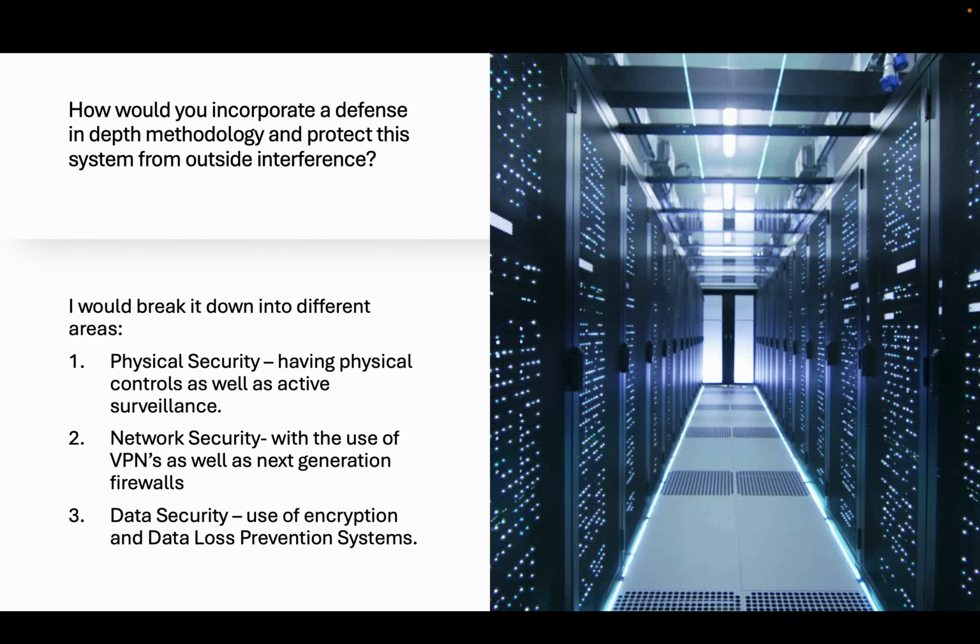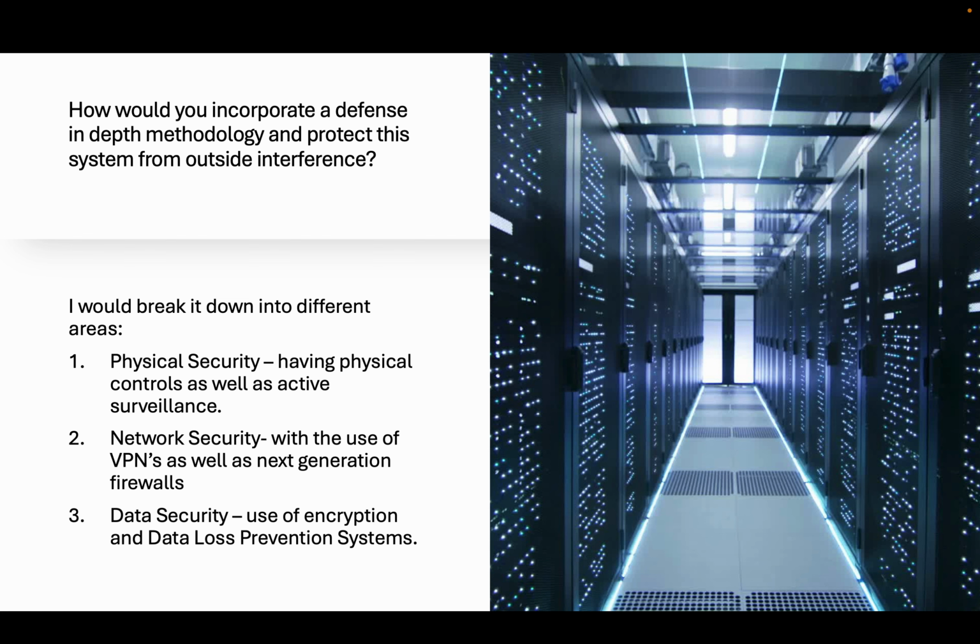In terms of incorporating a defense methodology, the way I would break it down is that we have different types of controls. Physical security is usually known for having physical controls such as surveillance footage, usually bodyguards. It's very beneficial in terms of breaking things down.